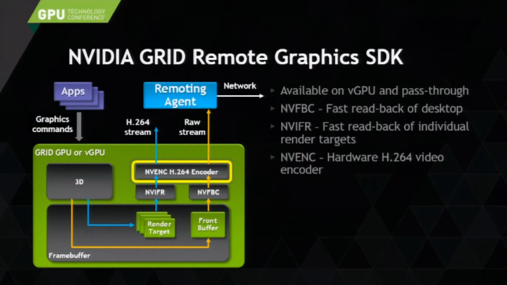In the case of the hardware encoder NVENC for the K2, it's possible to compress 4 streams of 1080p video at 30 frames per second per GPU. And with our newly announced Tesla M60, that is increased to 18 streams of 1080p at 30 frames per second per GPU.